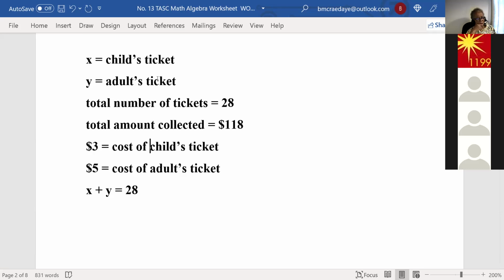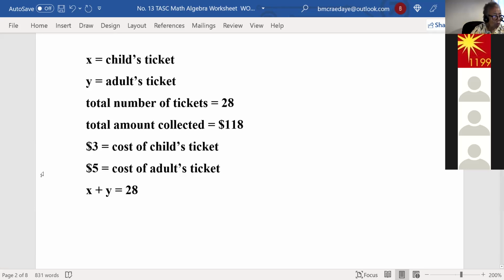You'd multiply $3 by X. The cost of one child ticket times the number of tickets sold for the children would be $3 times X, 3X, right?